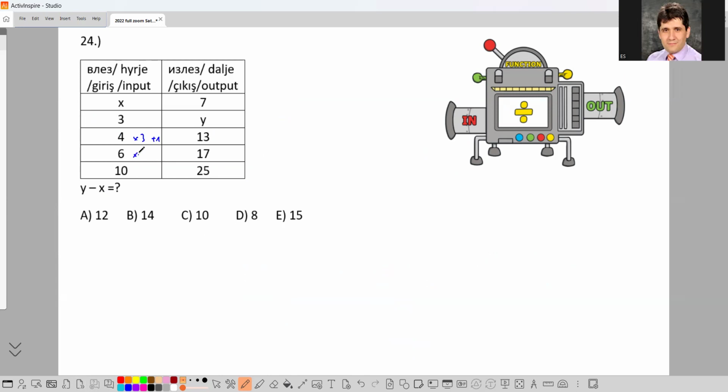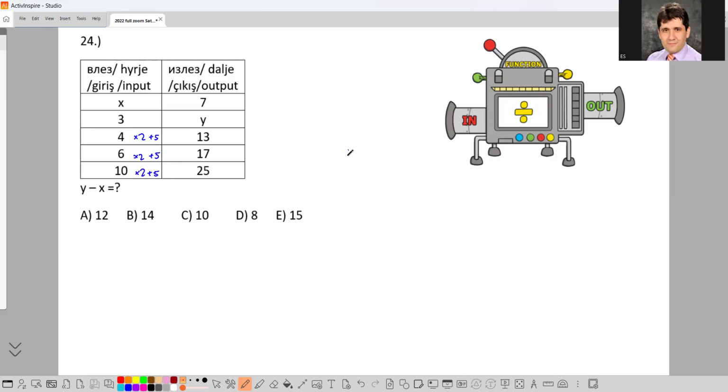But if I try here, multiply by 3 and add 1, it's not the same. Well, maybe multiply by 2 and add 5. Oh, it doesn't work for this one. 6 times 2, 12, and add 5, 17.